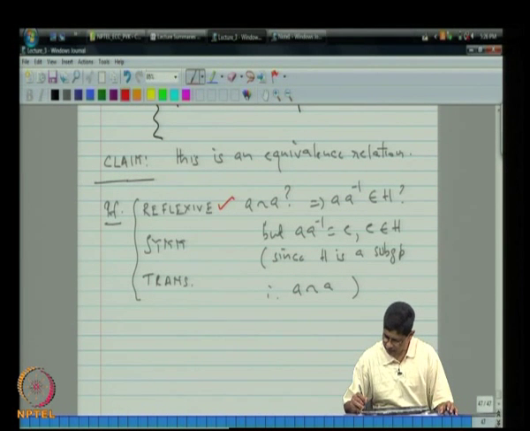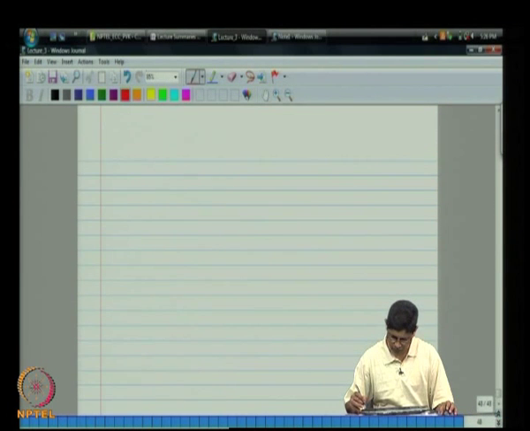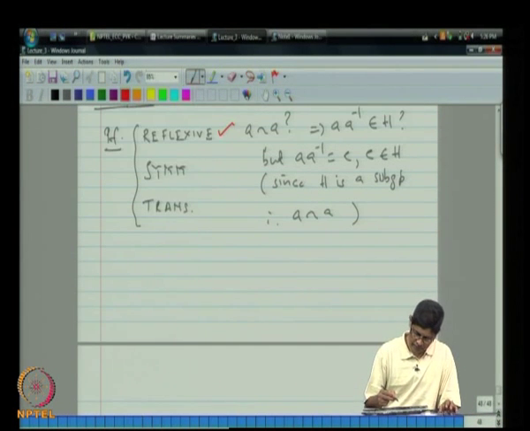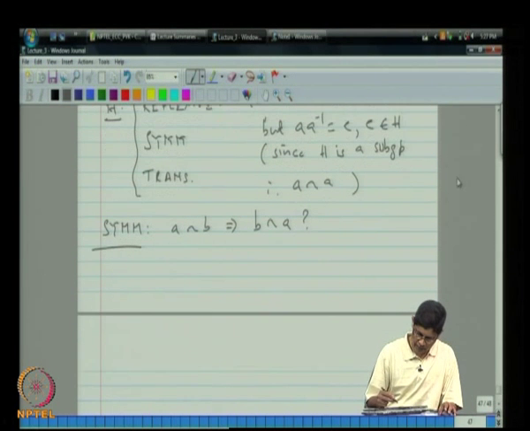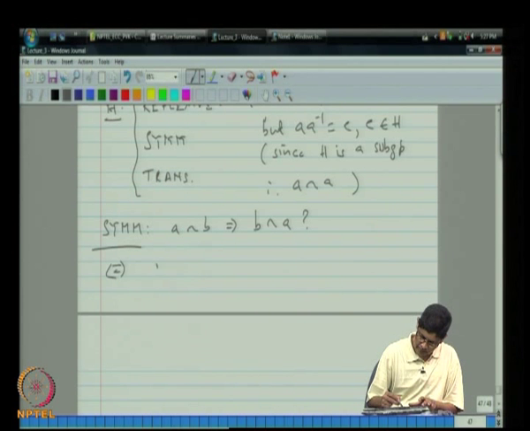How about the others? The symmetry property, if A is equivalent to B, does this imply B equivalent to A? So, that is the same as asking the question A B inverse in H, does this imply that B A inverse belongs to H?